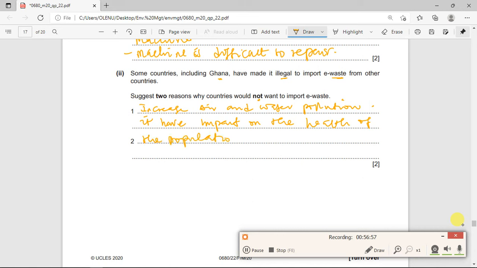Another thing is it will add to the existing waste produced in Ghana.